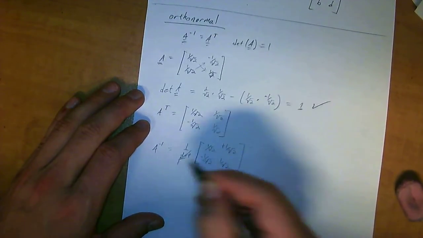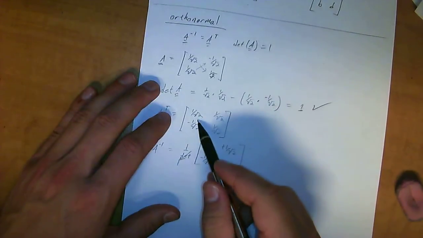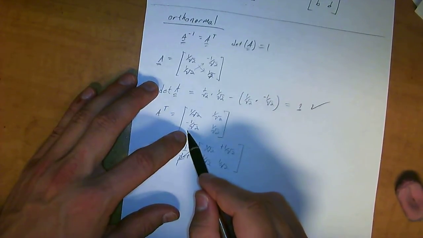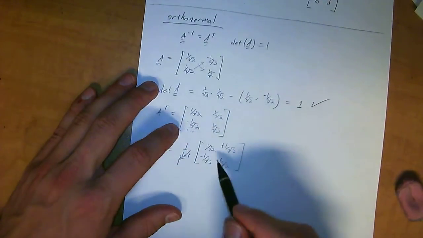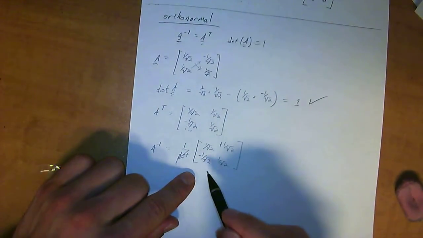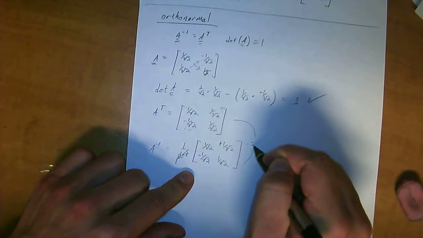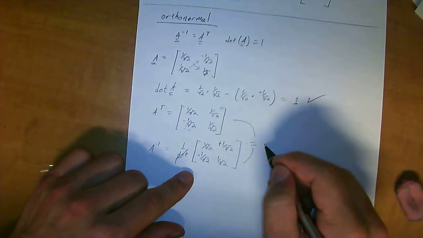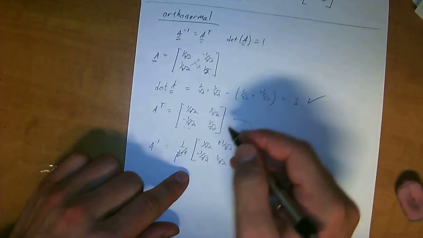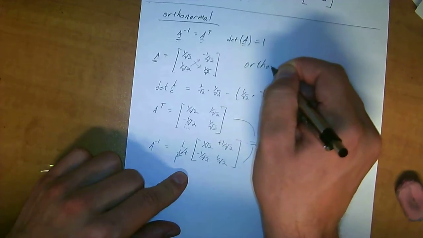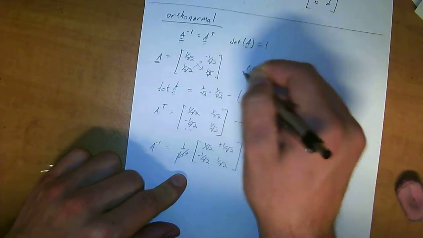So the determinant is actually equal to just 1, so we end up with 1 over square root of 2, 1 over square root of 2, with the negative 1 over square root of 2 down here. And lo and behold, our inverse is also the same value. So these two are equal. So this condition is met also. So this matrix A is in fact orthonormal. So, good stuff.